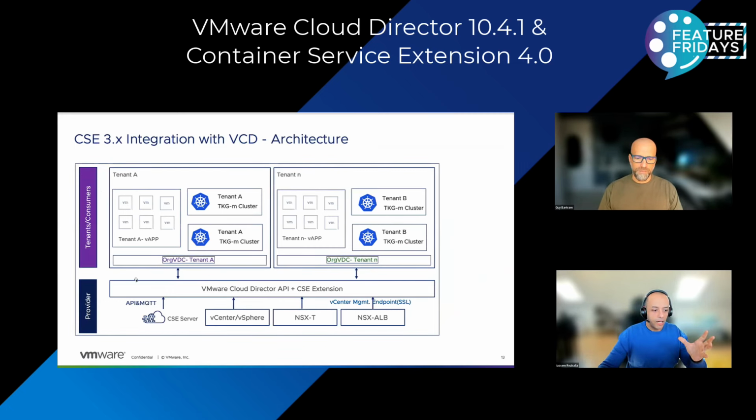You will have your tenants, and here you've got your Cloud Director with the CSE extension, and then you'll have your CSE server, which is integrated with your Cloud Director, your underlying resources, your vCenter, NSX-T, and Advanced Load Balancer, and then at the end, every tenant will be able to provision their own TKG clusters. 4 is more or less the same. So the idea is you don't have the CSE server as a Linux VM which interacts with the Cloud Director.